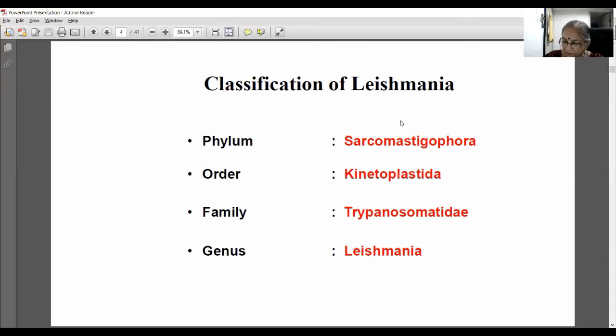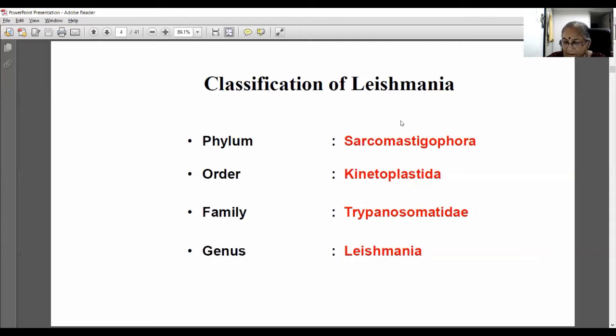The members of genus Leishmania pass their life cycle in two hosts, that is, a mammalian vertebrate host and the insect vector, the female sandfly.